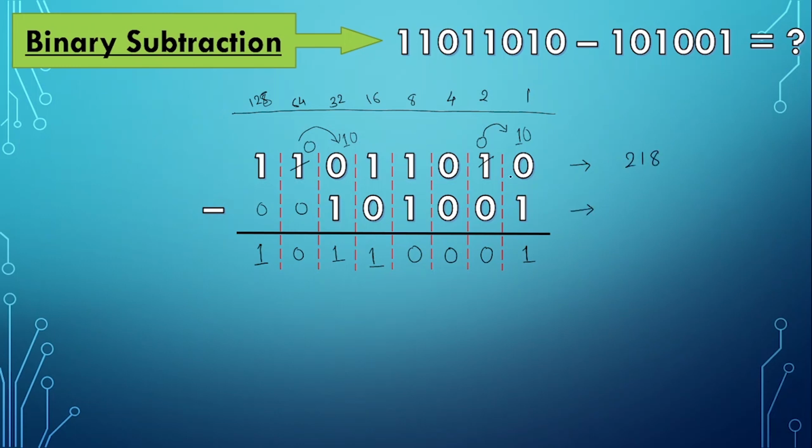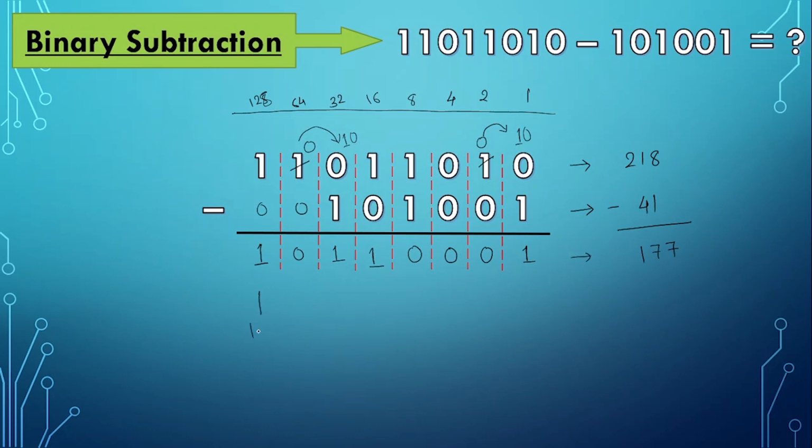The second number is 1 plus 8 plus 32, so that is 41. And if we subtract this 41 from 218, you will have 177. Okay, so let us verify whether the final binary number is equivalent to 177 or not.